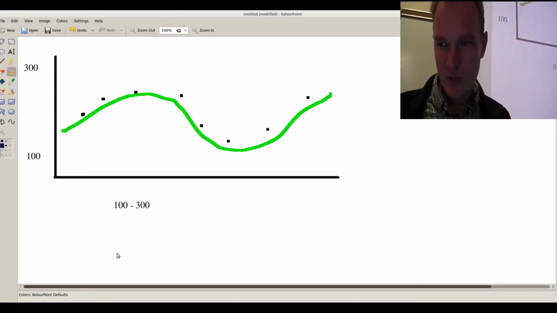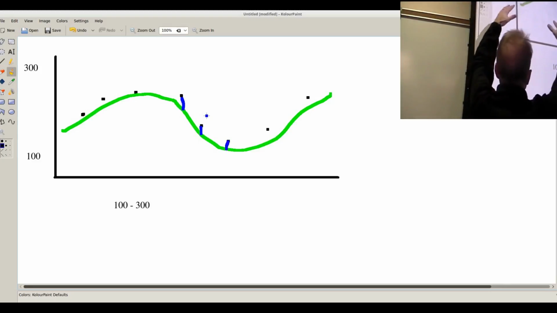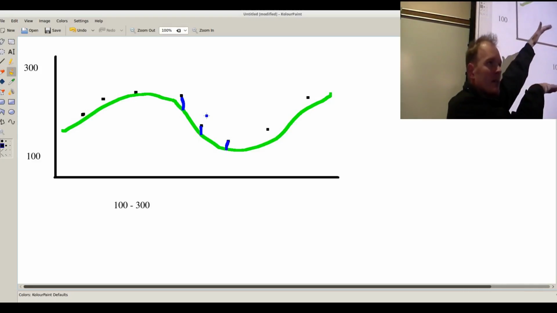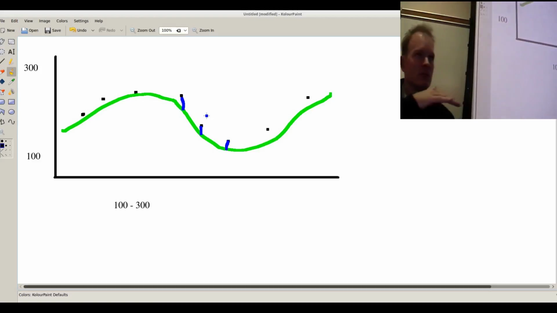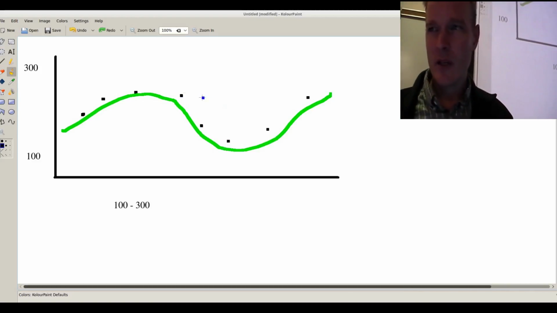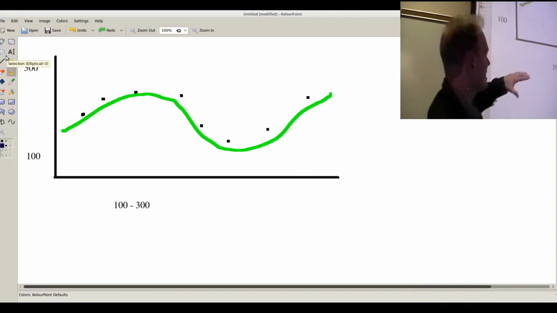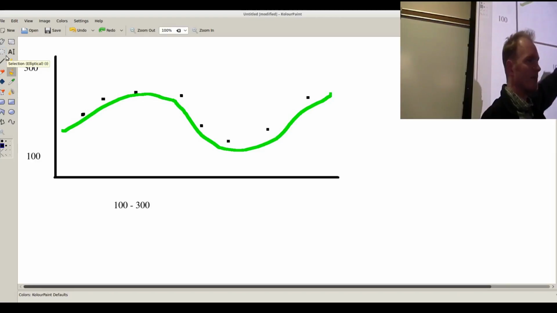Now imagine you measured root mean squared error, but you measured it in normalized space. So if all these values were scaled to fall between 0 and 1, shifted by 100 and then scaled by 200, and then you measure root mean squared error, do you see that that has no meaning compared to this actual problem?